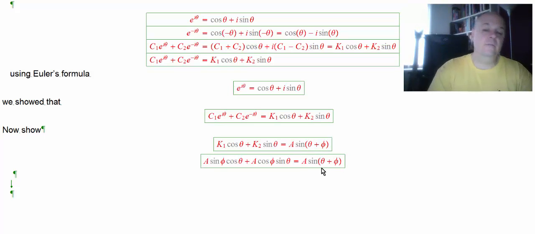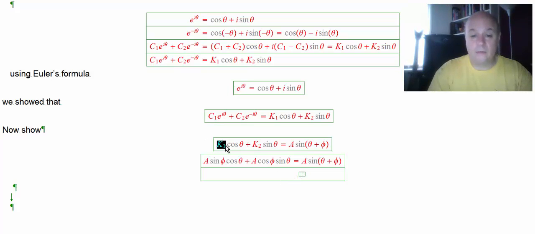Well, if the two right-hand sides match, then the two left-hand sides match. That means that K2 must equal A cos phi, and K1 must equal A sine phi. So I've got these two equations that need to be satisfied to switch from one form to the other.